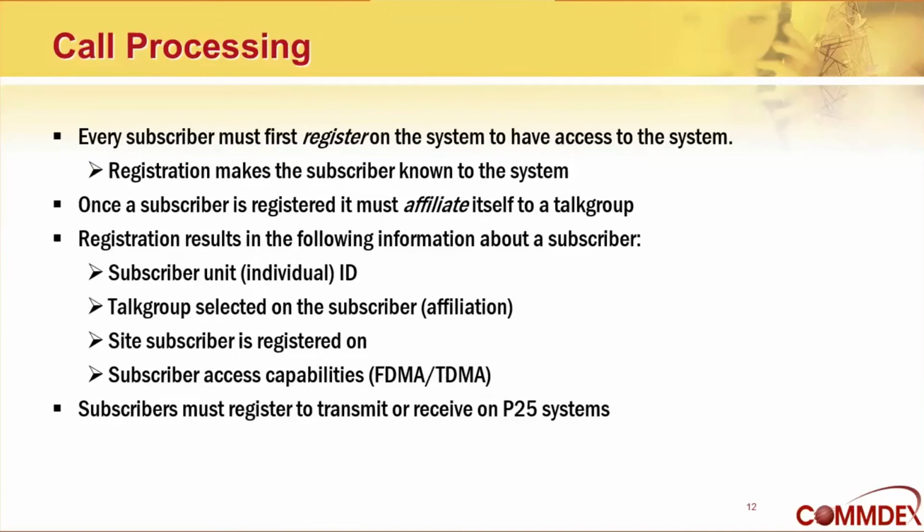You also tell it what capabilities you have, and it knows in its database what you can do and can't do. So you have to register on the system to transmit or receive on a P25 system. You can't just buy a radio, turn it on, and access the system. You have to be known to the system.